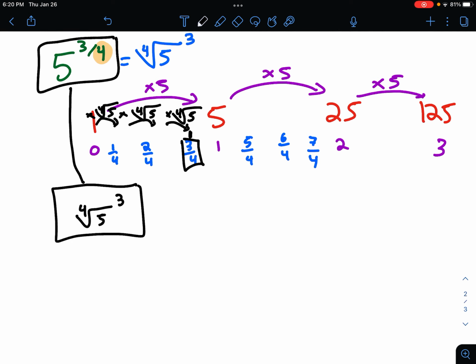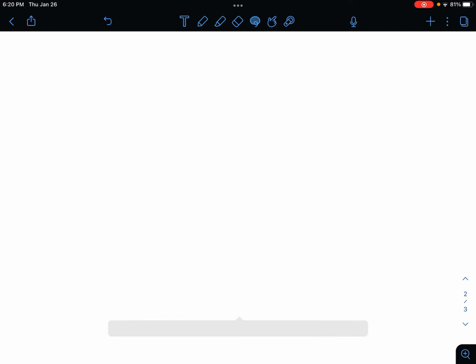Alrighty, let's take a look at one more example here. Let's use 5 as a base again. And so this time we'll try 5 to the power of 9/4.